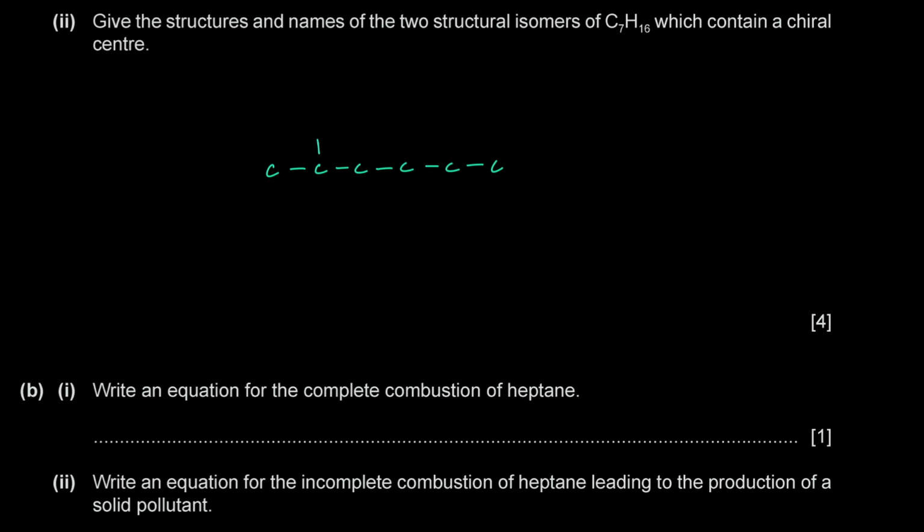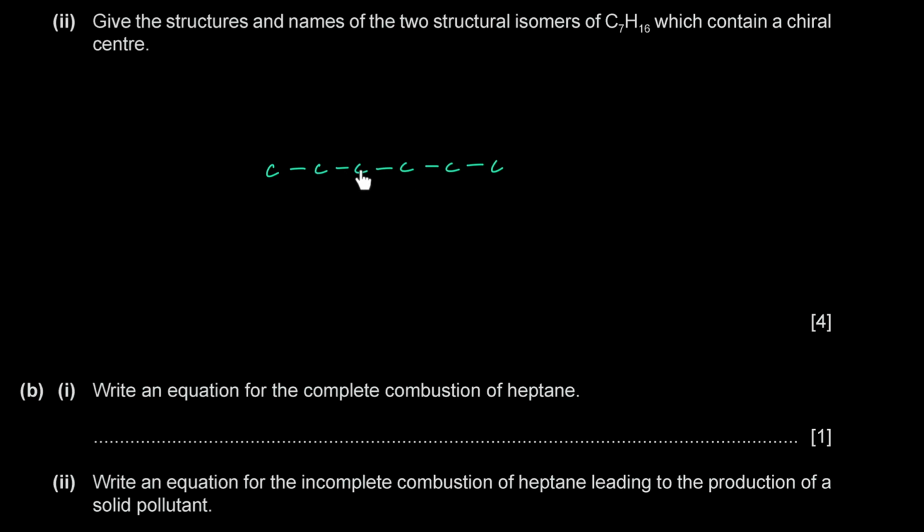We don't have any chiral center here because this carbon is bonded to 2 methyl groups. Again, I haven't shown the CH bonds yet. So this is not a chiral center because this carbon atom would be bonded to 2 methyl groups, and then all the others would just be CH2s and CH3s. So that's not a possibility, right? So we can't have a methyl group on carbon number 2, so not here or here.